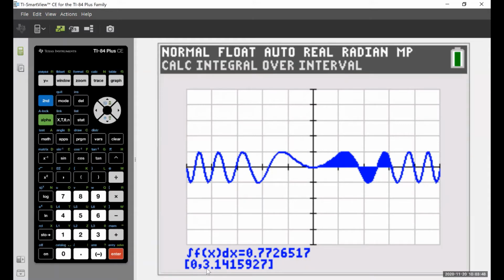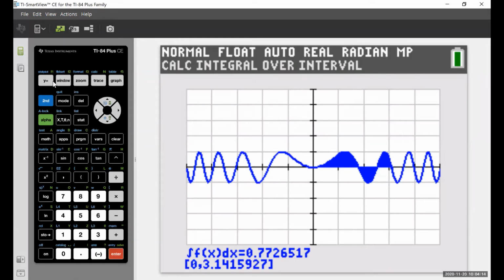That is from 0 up to pi, 3.1415, which is the value of pi. If I want to write it up to 4 decimal places, it will be 0.7727. When you round it, there is a 5 over there, so it will be 7. So that's the value of the definite integral in part B.